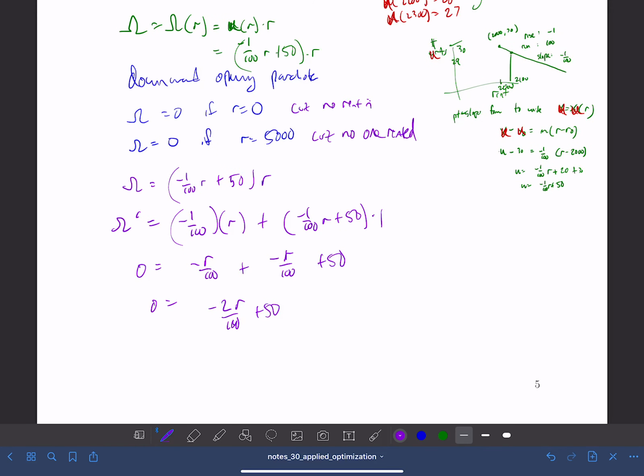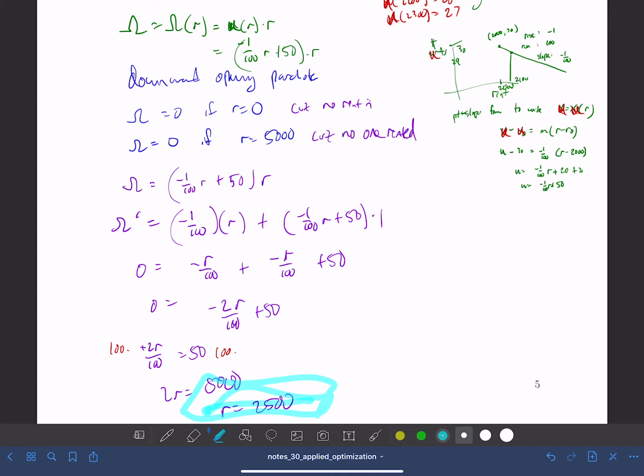Let's move that 2r over 100. Plus 2r over 100 equals 50. Let's multiply by 100. And then I'll have 2r equals 5,000. And finally, r equals 2,500.